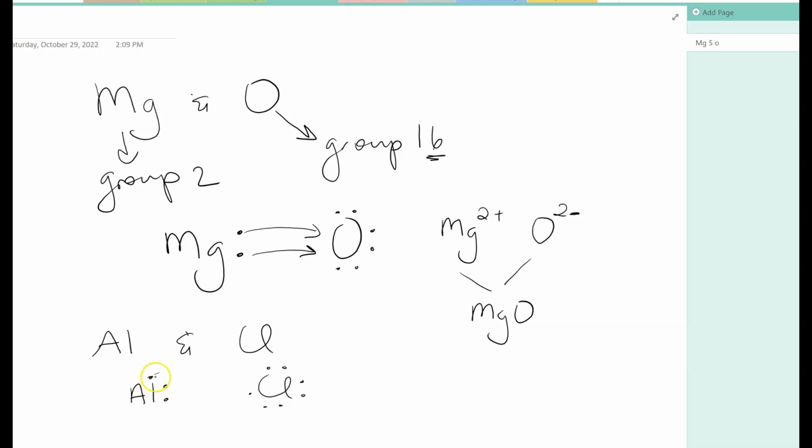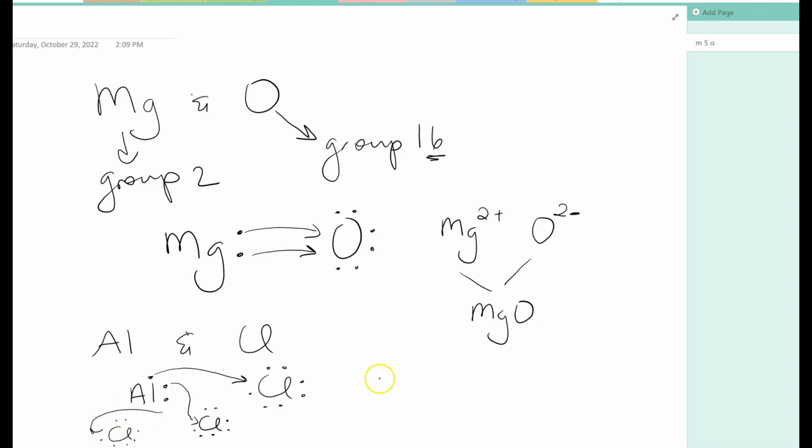So, once aluminum transfers over one, aluminum is not stable yet. So what you do is you draw a second chlorine. By the way, you can draw as many atoms as needed of the same kind in order to make them stable. And then you still have one more on the aluminum outer shell. So you bring in one more chlorine.